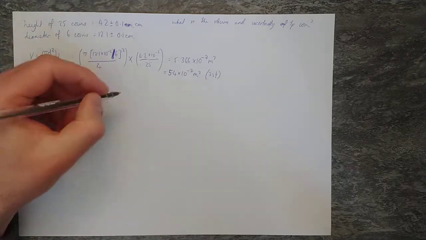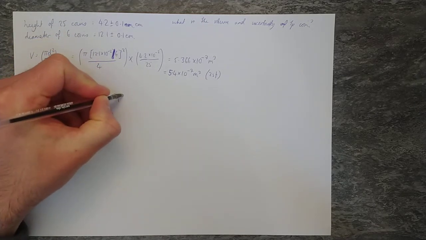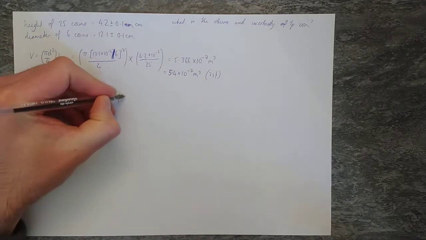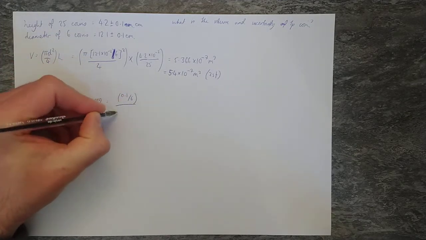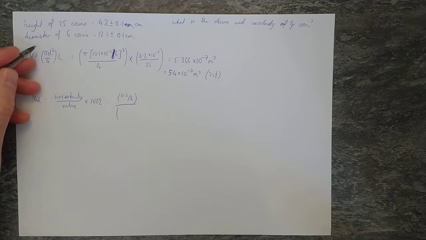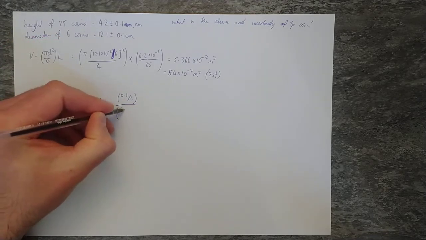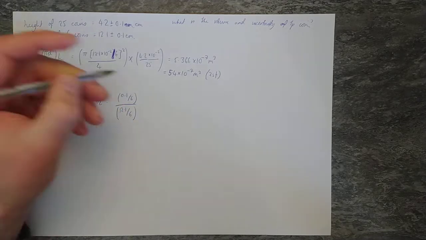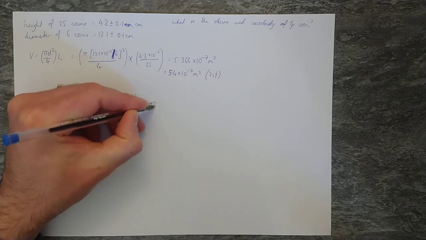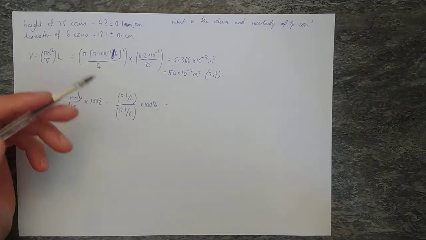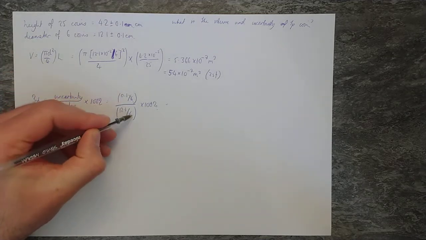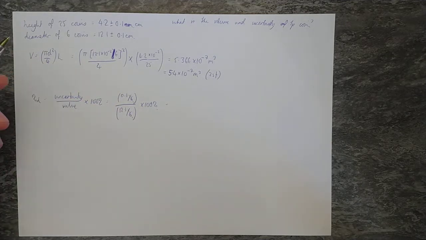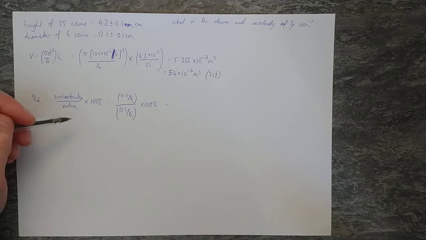So the uncertainty in 1 is equal to 0.1 centimeters divided by 6. And the mean value for the diameter of 1 coin is 12.1 divided by 6, multiplied by 100%. This raises an important point here because you can see that the 6 on the top and bottom cancel. So the percentage uncertainty in 6 coins is the same as the percentage uncertainty in 1 coin.